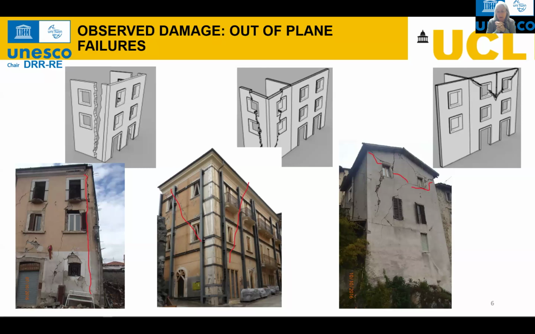On the occasion of the earthquake in L'Aquila, we did a very extensive survey of a large number of buildings that had been damaged, and we could clearly identify very different patterns of damage, what we call crack patterns, in buildings that are not completely collapsed, and therefore we could start recognizing the type of mechanism that would eventually lead to collapse.